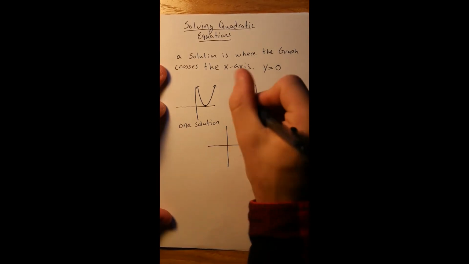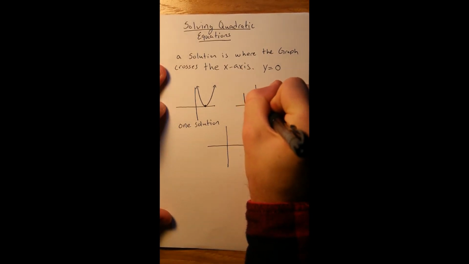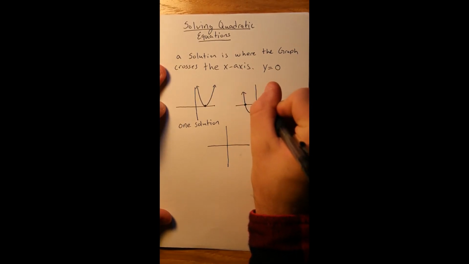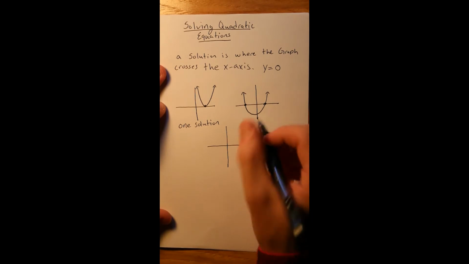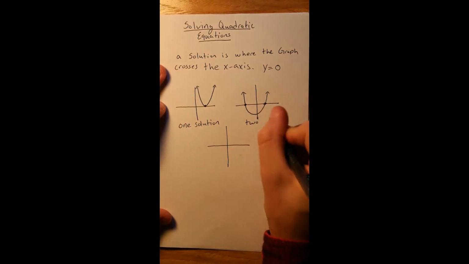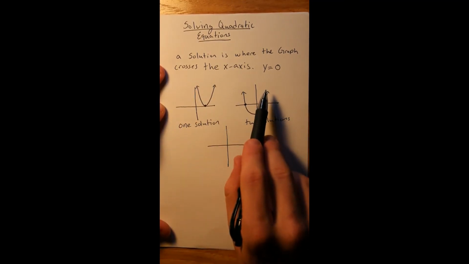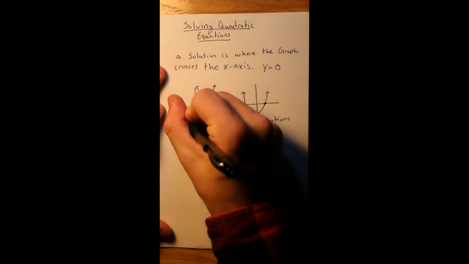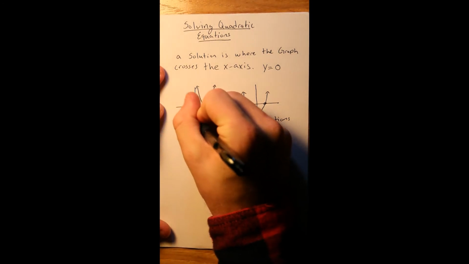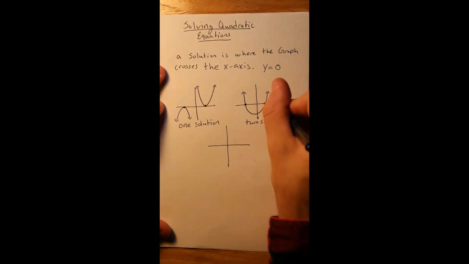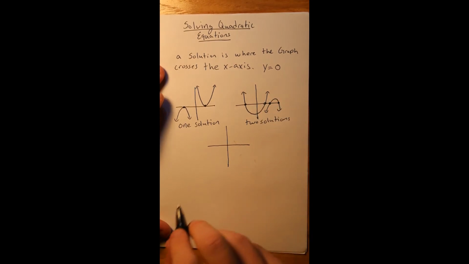Number 2 would be an example where it crosses twice, here and here. So 2 solutions. Now, if you notice, I made both of these positive. It's not necessary. We could have an example like this with a negative a, or like this with a negative a.